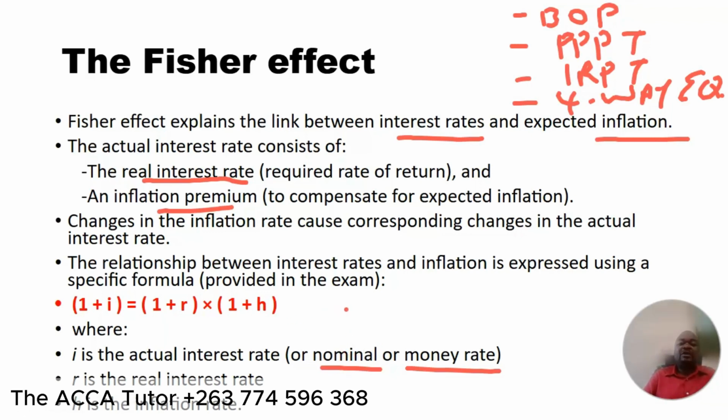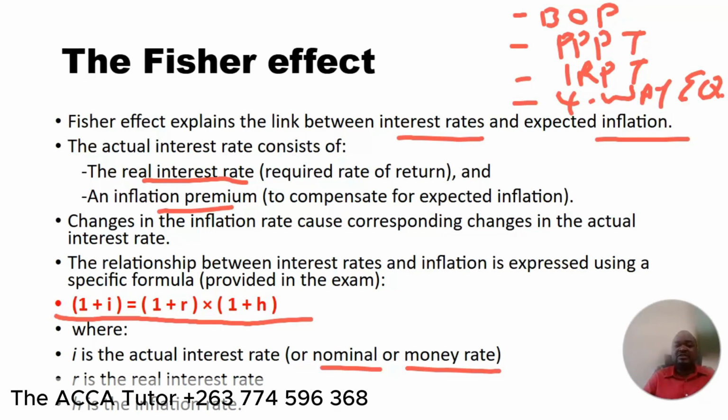So there is a formula you are going to be given in the examination that talks of the Fisher effect. All right, so we are given this particular formula where 1 plus i is equal to 1 plus r multiplied by 1 plus h, and i is the actual interest rate or nominal or money rate, the rate that includes inflation.